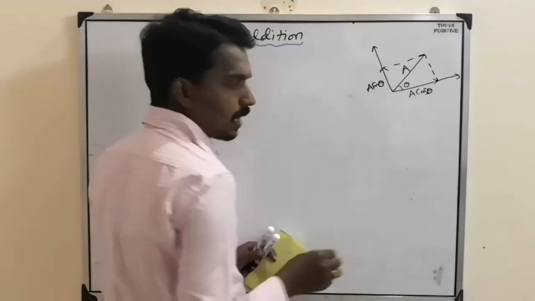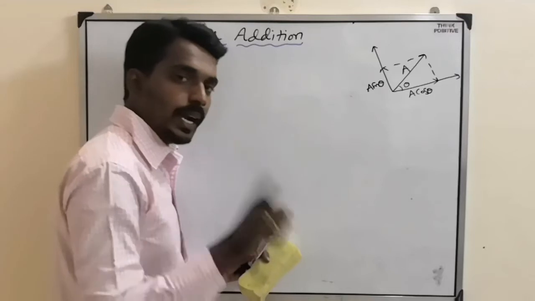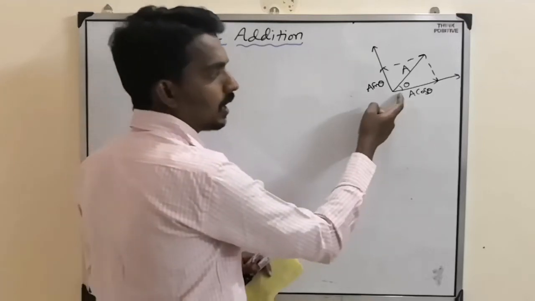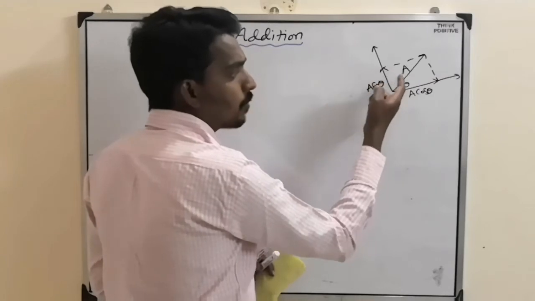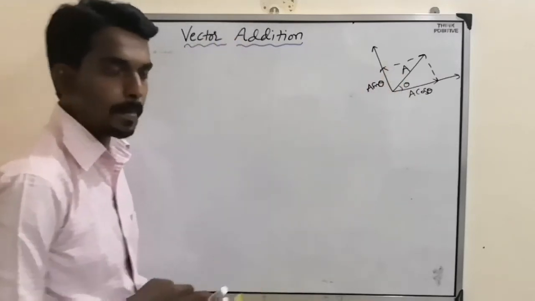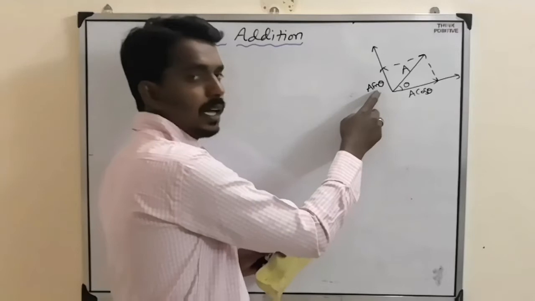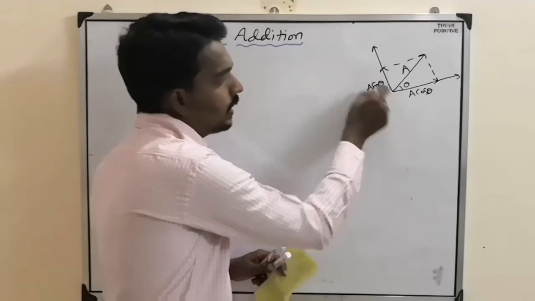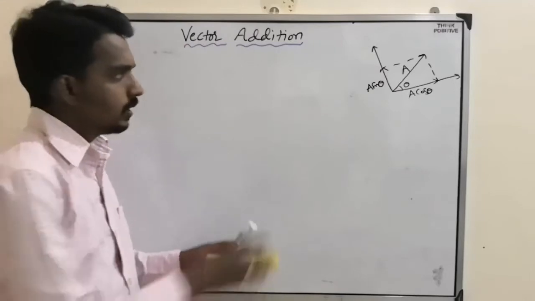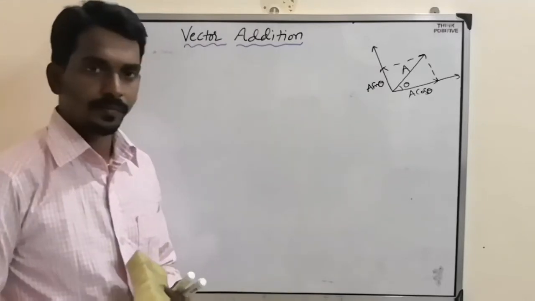If you want the cos component, you will get it along the direction with which the vector makes some angle, and in the perpendicular direction you will get the sine component. This is what we have studied.